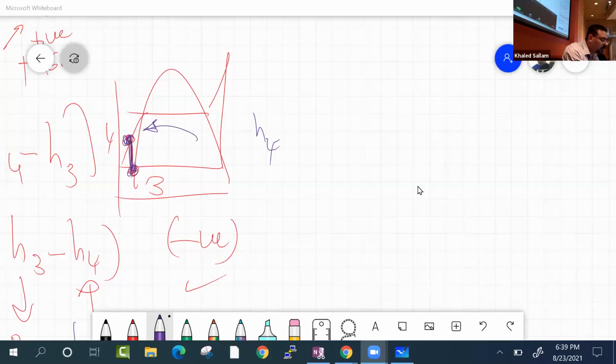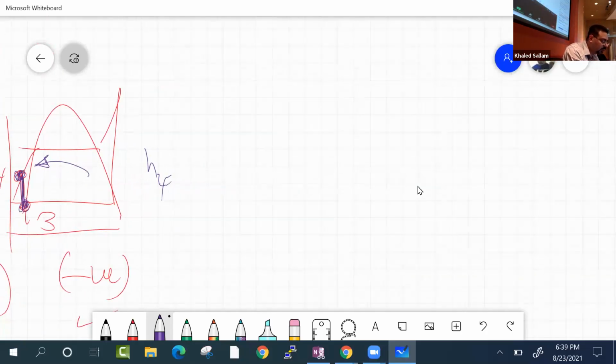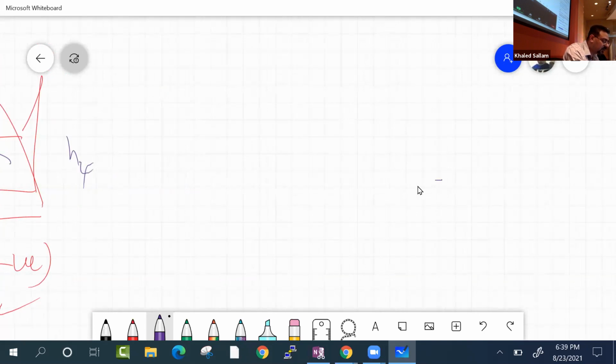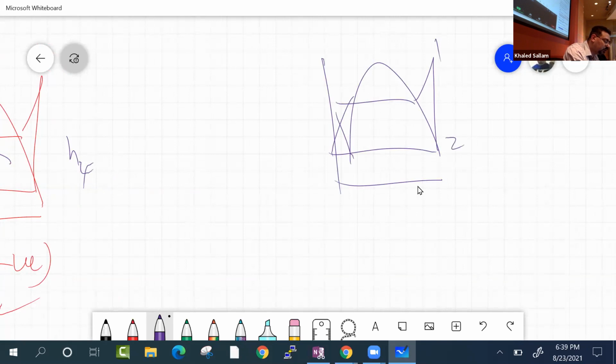You start the problem like this, here's how you solve it. You start by plotting the cycle, labeling it 1, 2, 3, 4, and then immediately you should start getting H1 equal, H2 equal, H3 equal, H4 equal.